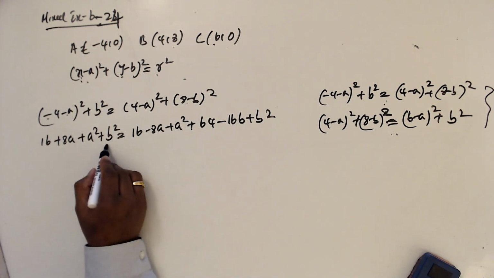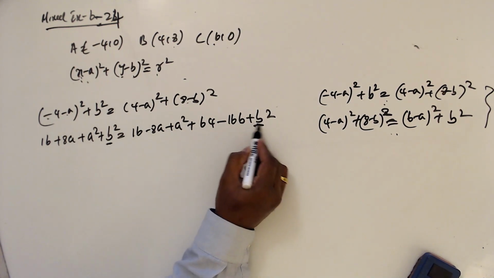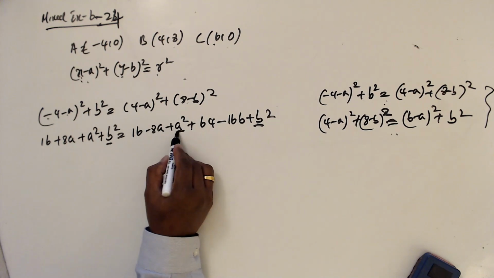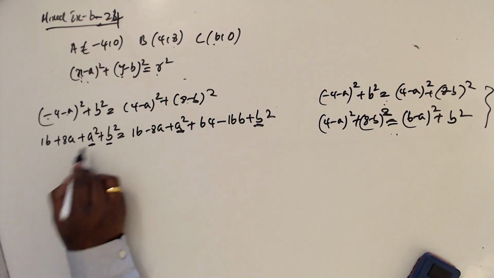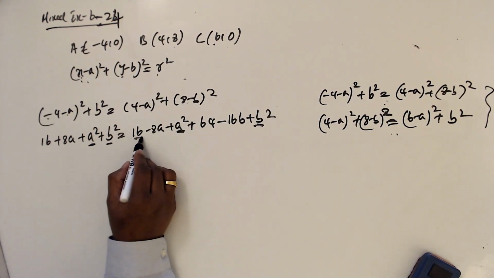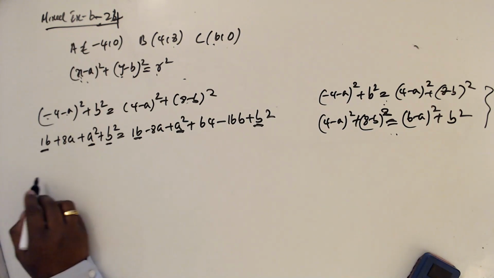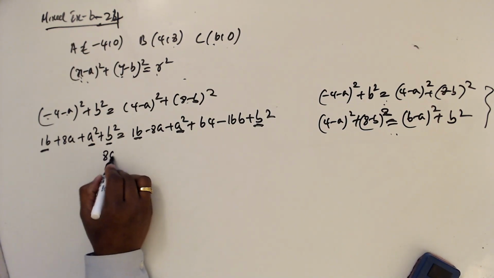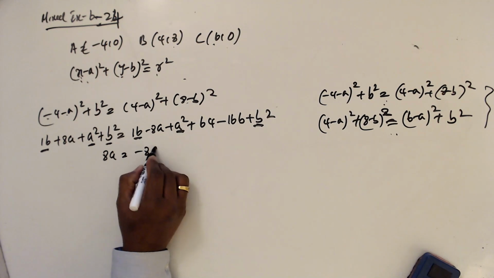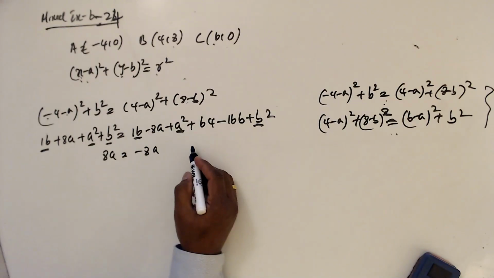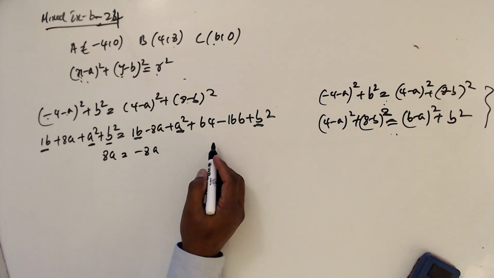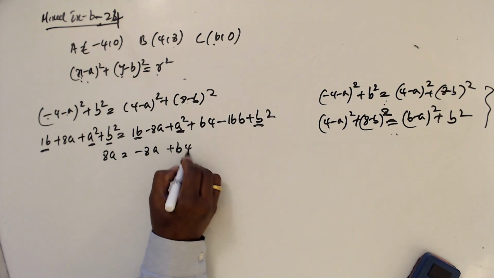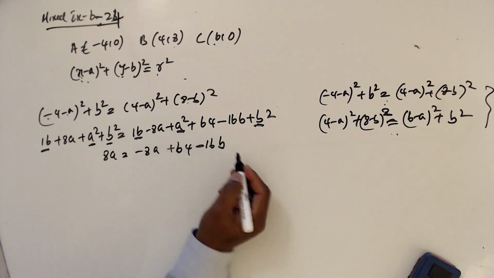Now I can cancel out b² and b², a² and a² cancel out, then 16 and 16 cancel out. So on this side remaining 8a, these are minus 8a, then plus 64 minus 16b.